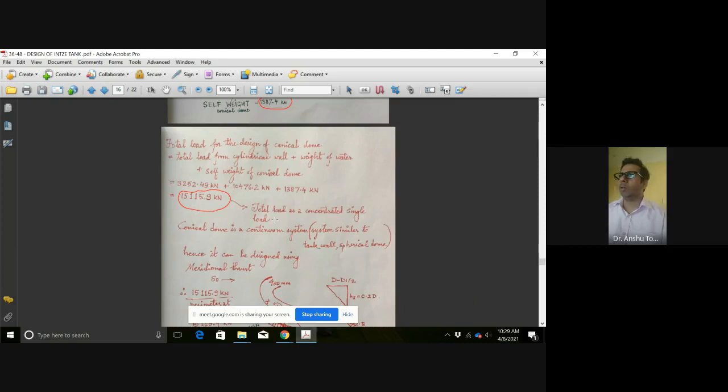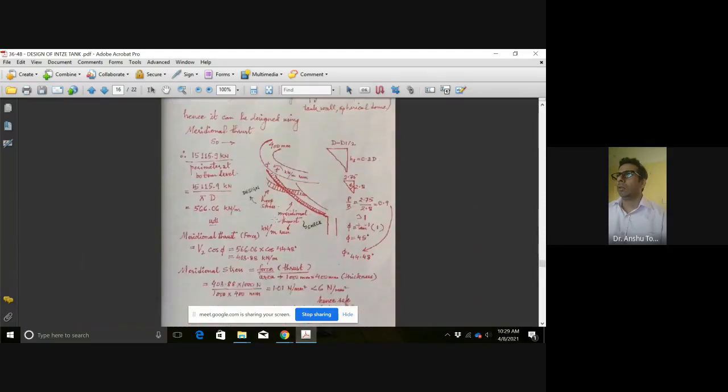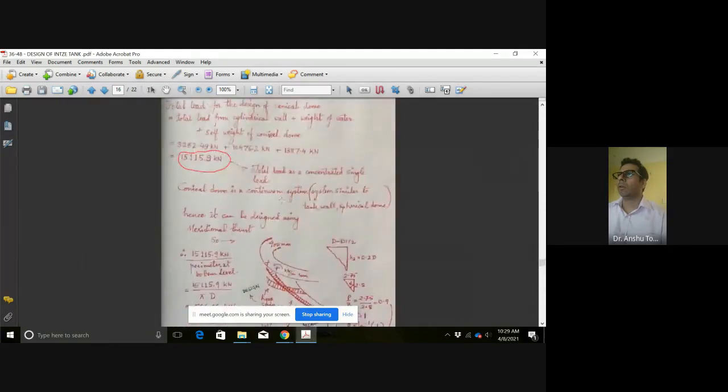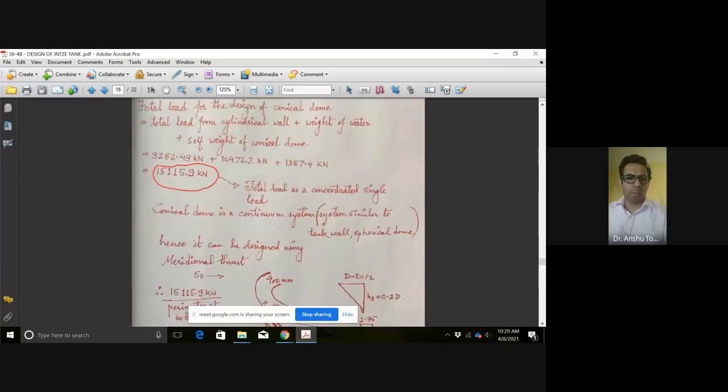Now, the conical dome is a containment system. As I have written it here, I will just enlarge it. हमारे बीम कॉलम जॉइंट में बीम में क्या होता है? They are frame systems. They are being solved using the moment and shear, bending moment diagram and shear force diagram.